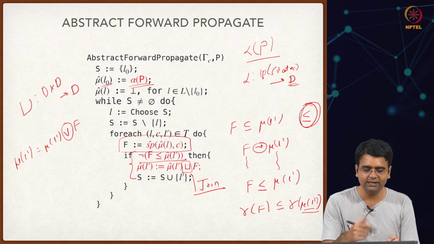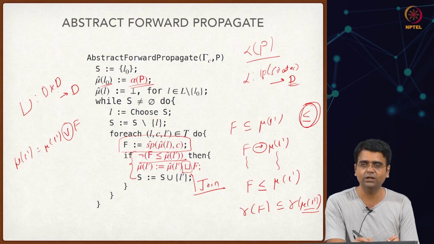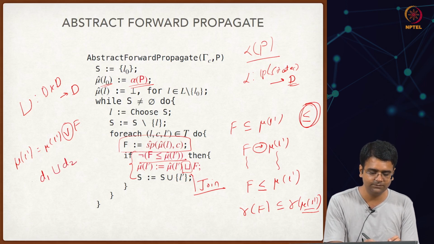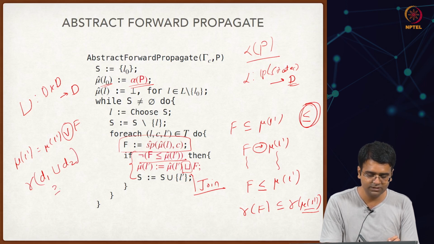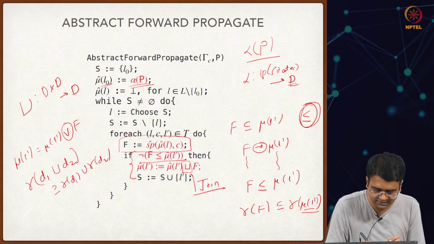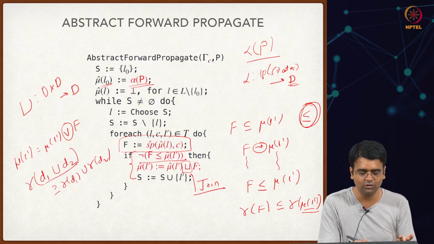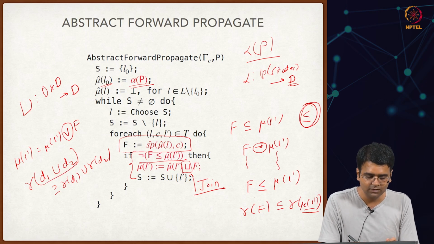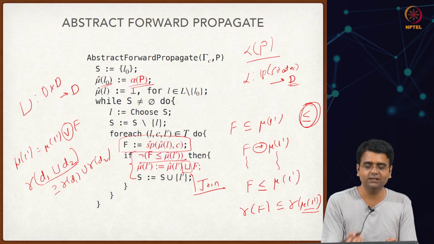And you can imagine what property we will want this join to satisfy. If I have two elements of the abstract domain, let's say d1 and d2, and I take their join, then gamma of d1 join d2 must be a superset of gamma of d1 union gamma of d2. What I want to say is that d1 join d2 is another element of the abstract domain such that it should over approximate the set of concrete program states which are abstracted out by d1 and d2.